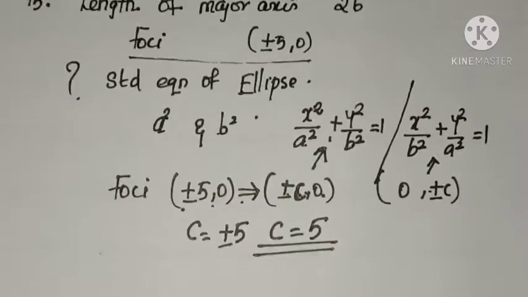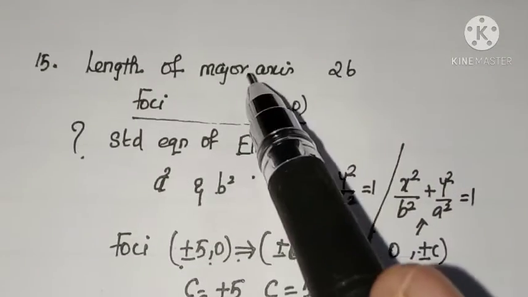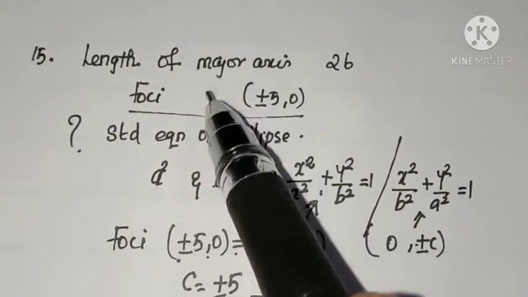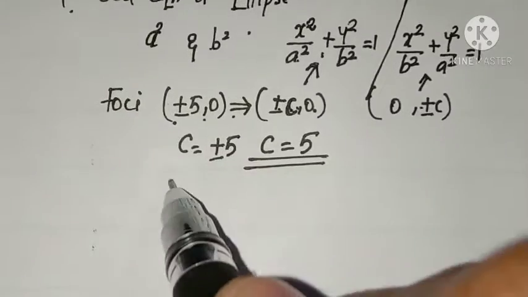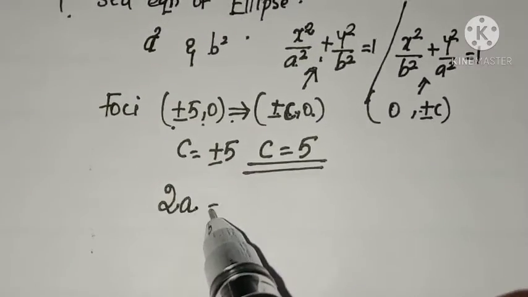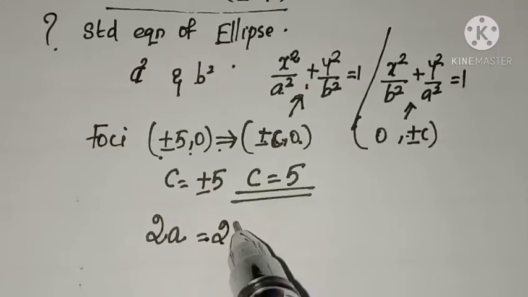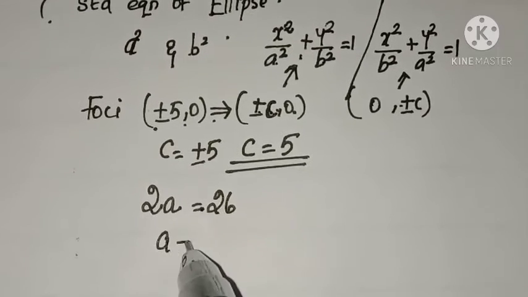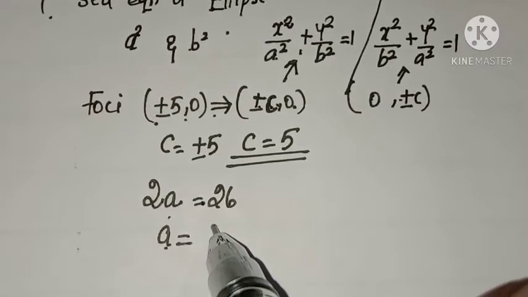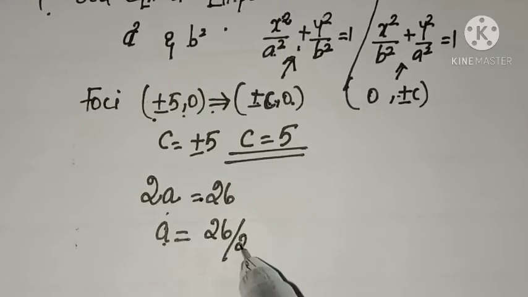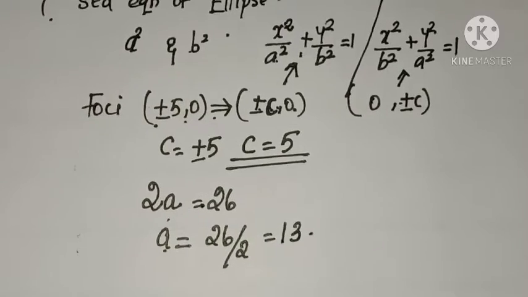Okay, c is equal to 5. So in this case, we can say major axis, what is major axis? 2a. 2a is given. 2a is equal to 26. From this, we can write a. a is equal to 26 by 2, that is equal to 13.